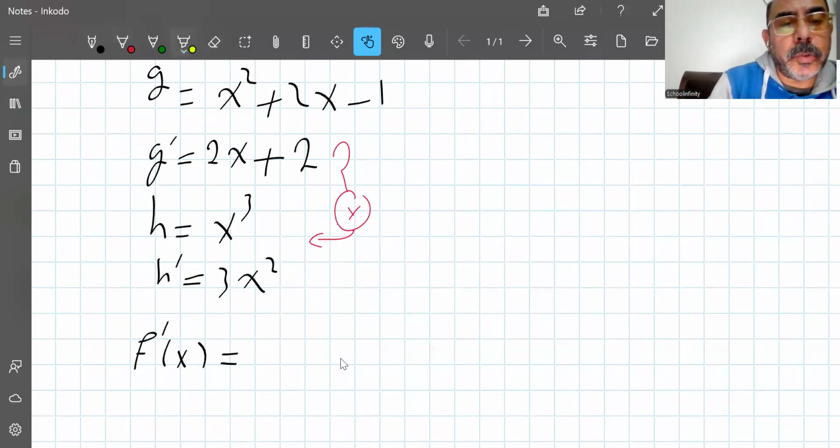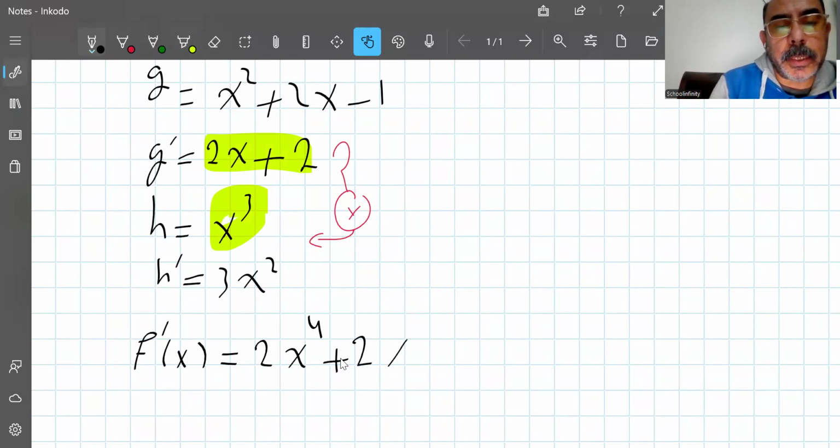And it is easy to multiply them in this case. So x cubed times 2x, we get 2x to the power 4. Then plus x cubed times 2, 2x cubed.